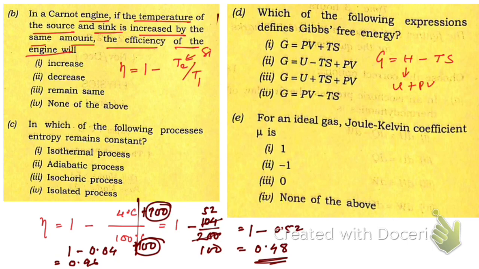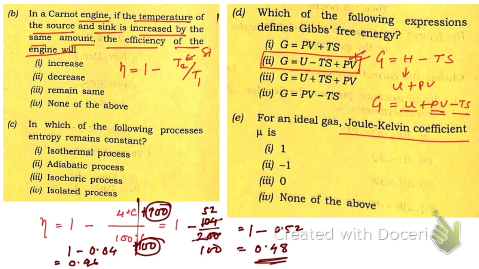So we can write G is equal to U plus PV minus Ts. That's why this option is correct: U minus Ts plus PV. Next question, for an ideal gas, the Joule Kelvin coefficient mu is 0. The third option is correct. Now let's move on to the next question.